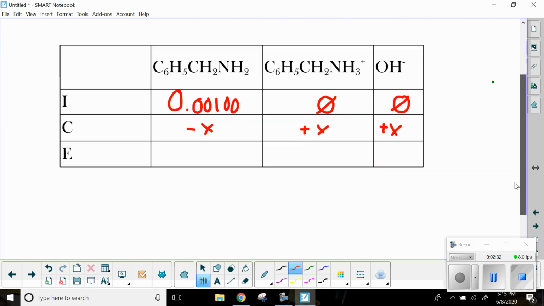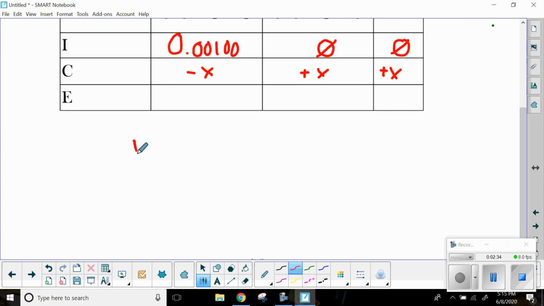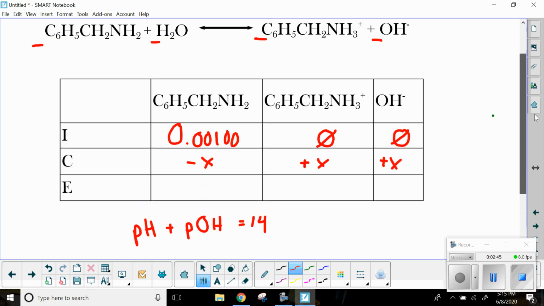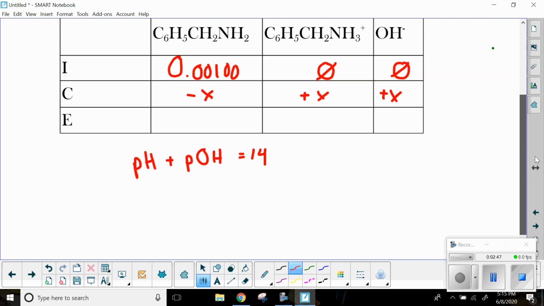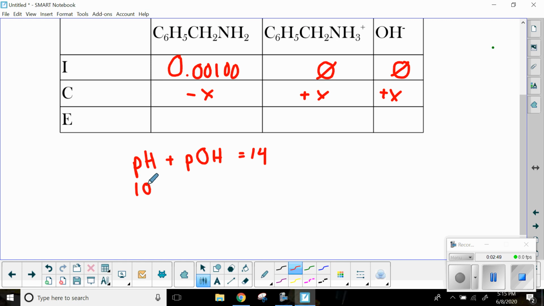I can get that really easily because I told you in the past that pH plus pOH equals 14. So if I know that my pH is 10.17, I can easily find my pOH by subtracting. And so I'll find that my pOH in this case is going to be 3.83.